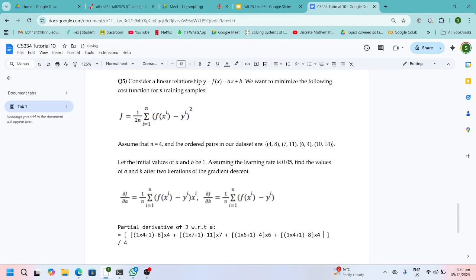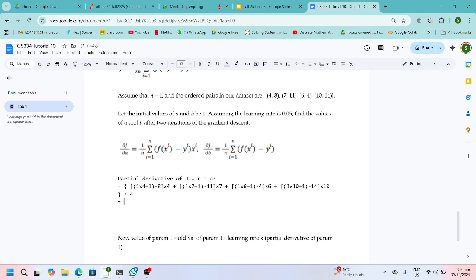Then I have my last data point, which is 10 comma 14. So यहाँ पे I will have 14 and I will replace this with 10. So ये जो पूरा result आ जाता है, I will divide this by 4 eventually. Let's change the brackets. This is getting a little confusing.